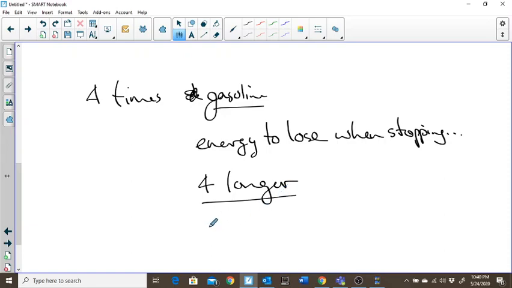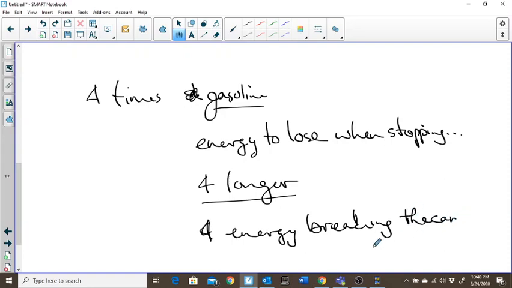Or if you run into a tree, there's 4 times the amount of energy to get rid of. So 4 times the amount of energy braking the car and you. When you double the velocity, you quadruple the amount of energy.